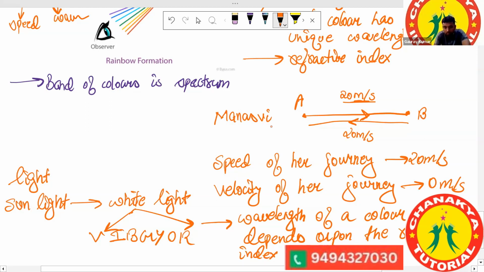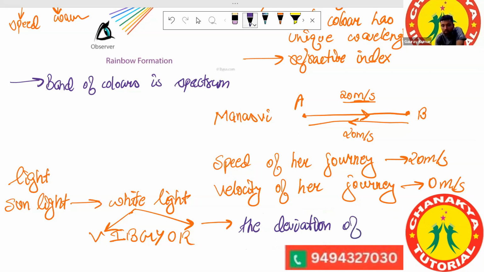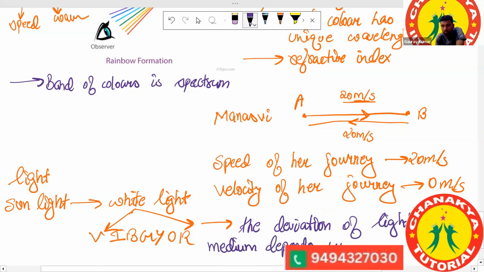Okay, no, not that. The deviation of light in a medium depends upon the wavelength of light.